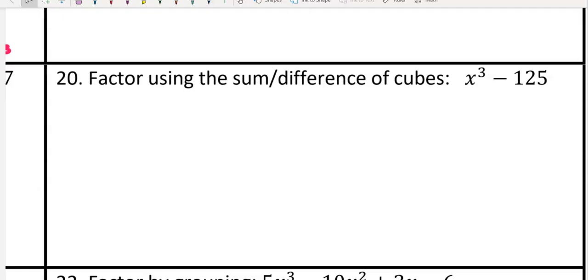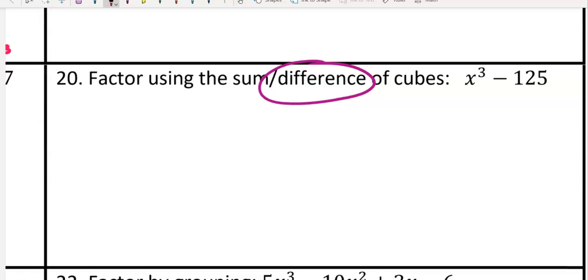All right, number 20. Factor using the sum or difference of cubes. Well, here we have a minus sign, so we're going to be using the difference of cubes. Again, the problems on the test will give you the exact formula you need, so don't worry about accidentally using the wrong one. Won't happen.